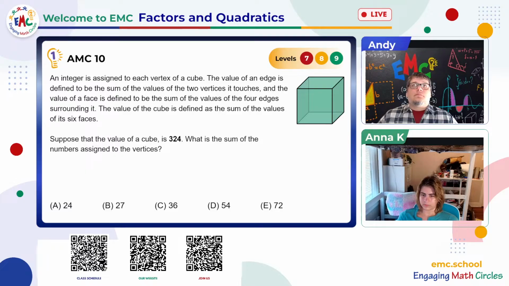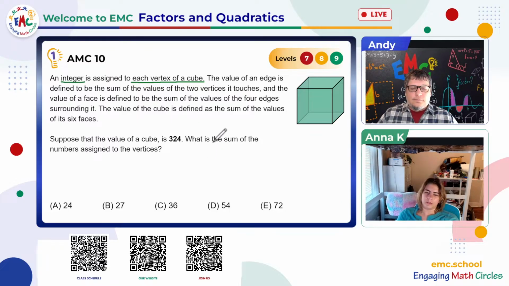Hmm. What do you think we should do to start this one? Okay, so each vertex has an integer.